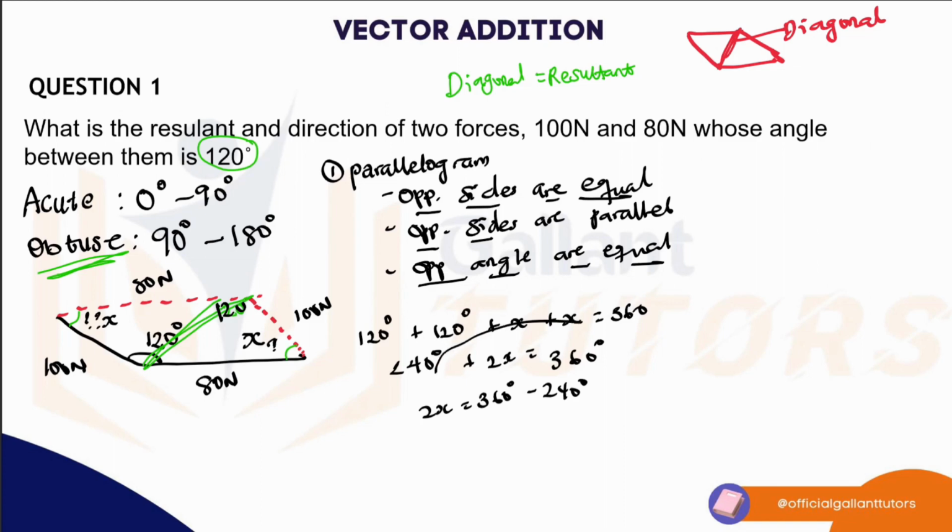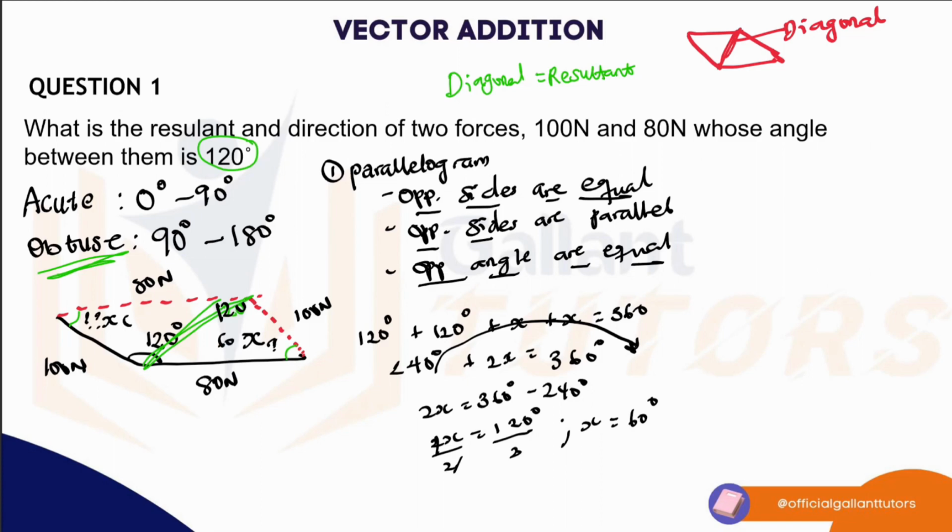How it became minus is that the 240 came to this side. So 2x is equal to 360 degree minus 240, which gives 120 degree. Now divide both sides by 2. Our x is equal to 60 degree.